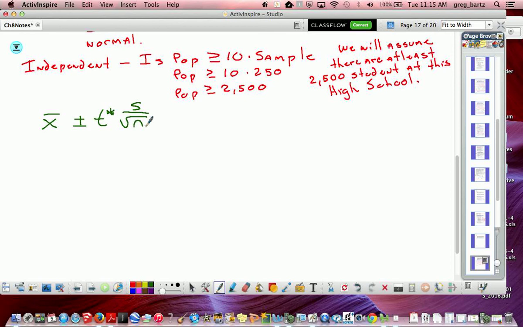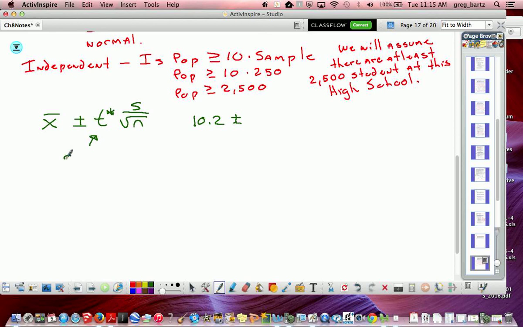So what was our sample mean in this problem? What was the average hours from the 250 students? 10.2 plus or minus. Now I gotta do T star.